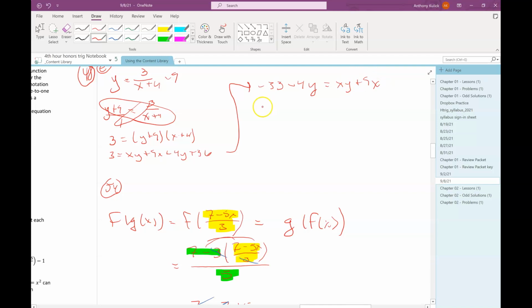And then I can factor out the greatest common factor of x. And then divide both sides by y plus 9. And then you can just swap your x's and y's.